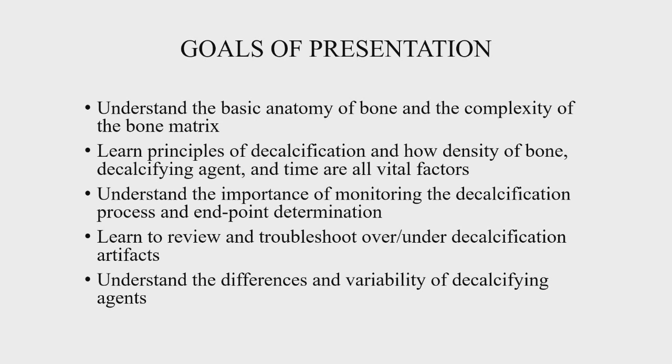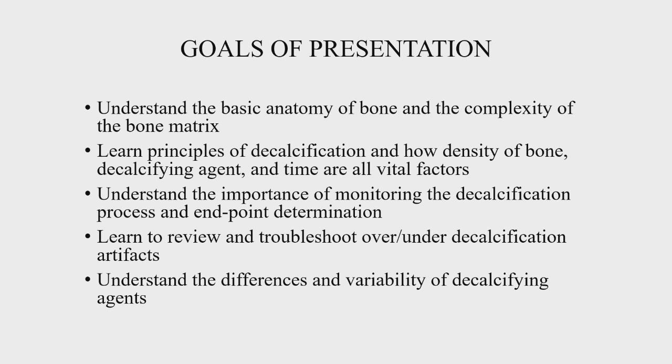Sometimes in our training nowadays, we don't have as many schools teaching theory before you actually get into application, where you're doing the process. But understanding a little more about the theory, the anatomy of the bone and the complexity of the bone, will help you as a technologist when you start to encounter problems.